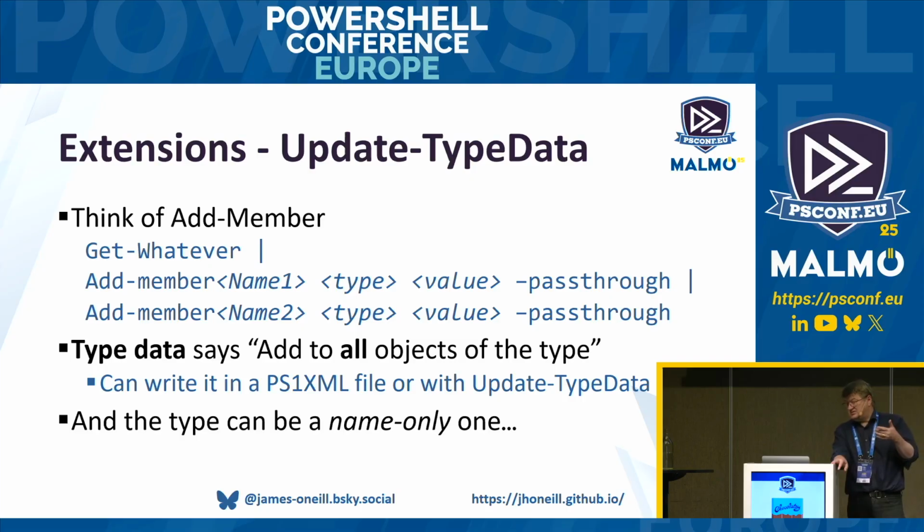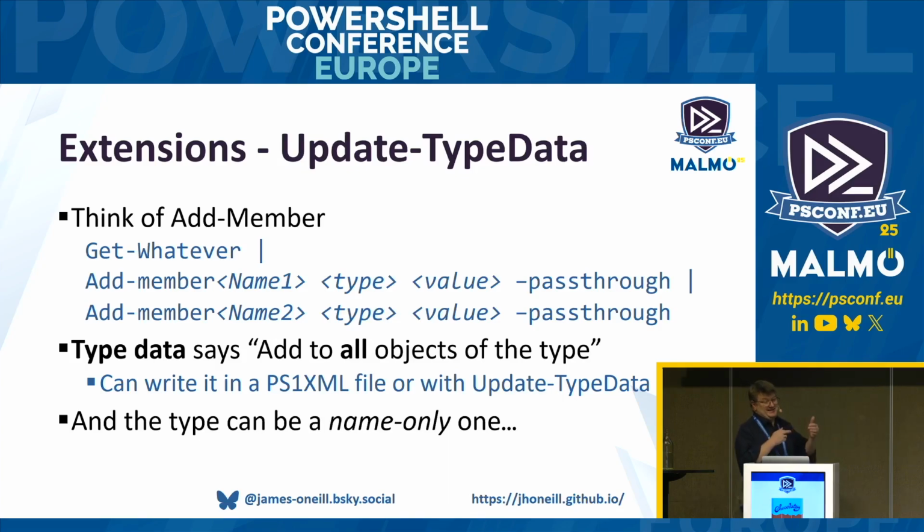we can extend the members of a type in two different ways. We can do it for each instance using add member. So I can do get whatever it is, pipe to add member, and then I can pipe it to add member as many times as I want. So if I'm adding the type name to the objects that are coming back from my database query, add member is great.